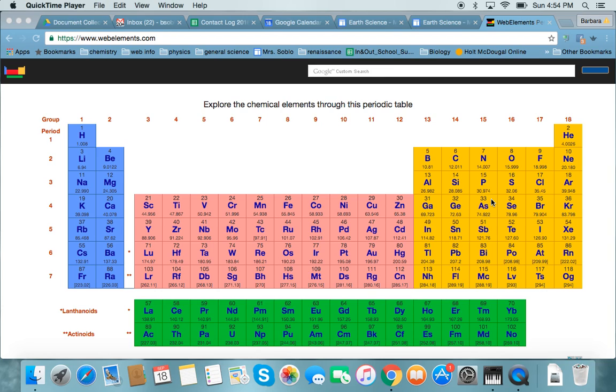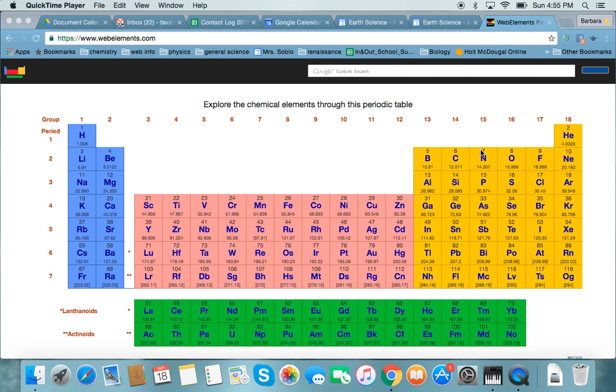Now, the number of protons an atom has can never change for that atom. If you change the protons, you change the type of atom or element that you have. So the number of protons and the atomic number are always going to be the same.